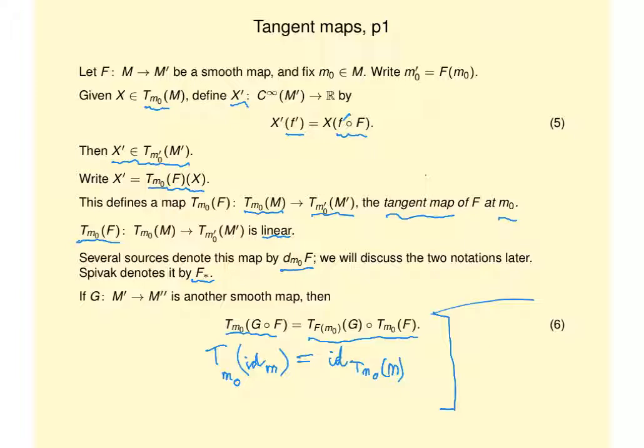The same general principle is true for smooth manifolds and smooth maps and their tangent maps. And we'll see quite a few examples of this as we go along.